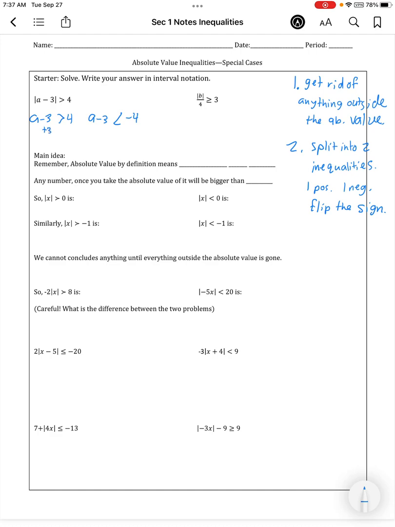Then from here we just solve. We add 3, giving us a is bigger than 7. We add 3, we have a is smaller than negative 1.